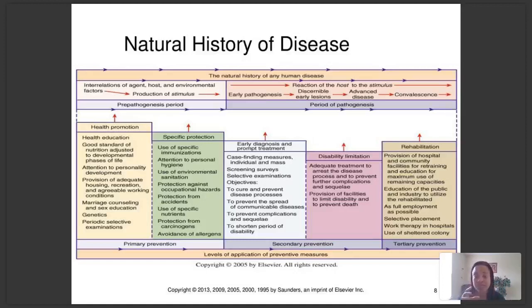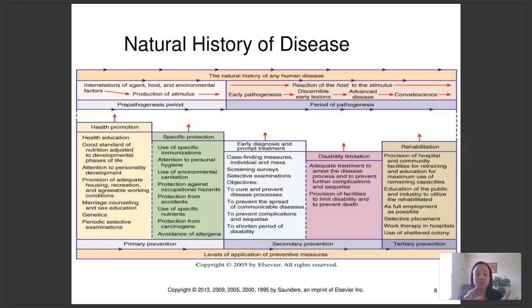These conditions put into place will contribute to what is causing the stimulus to occur, okay? And then we have the reaction of the host to that stimulus, those three components that we just spoke of. So it shows you how it takes the person, the host, through the different stages of the process once they receive that stimulus, okay?